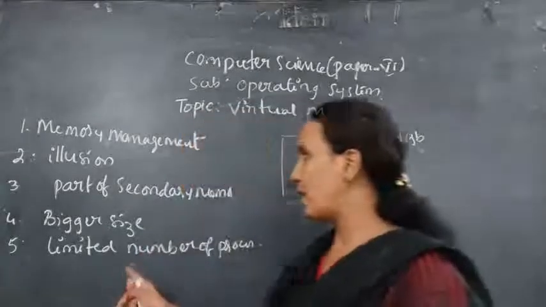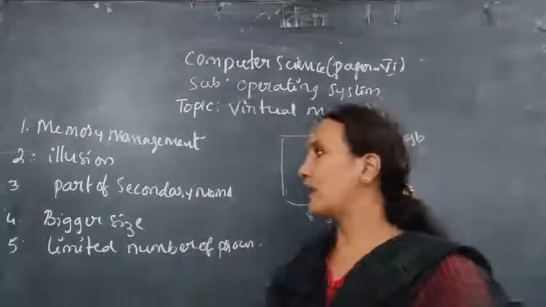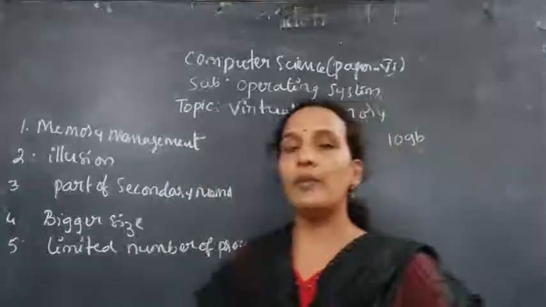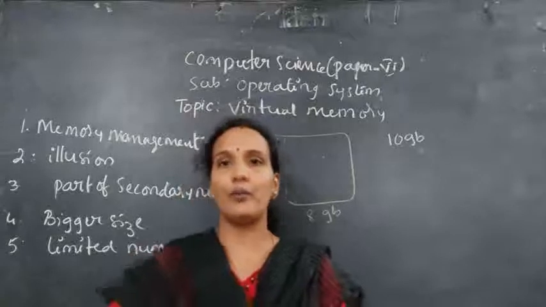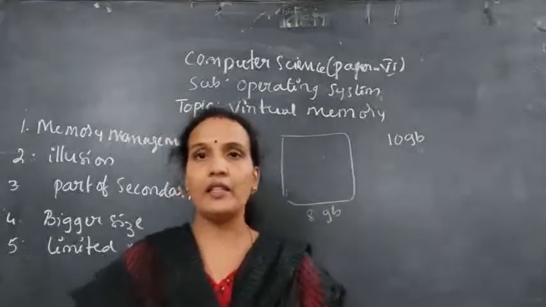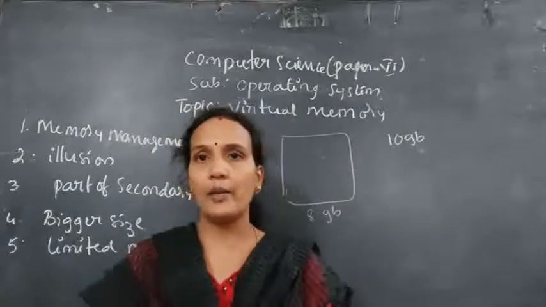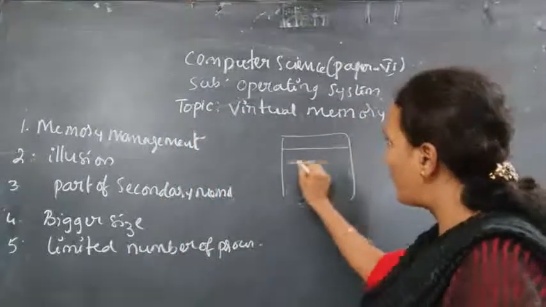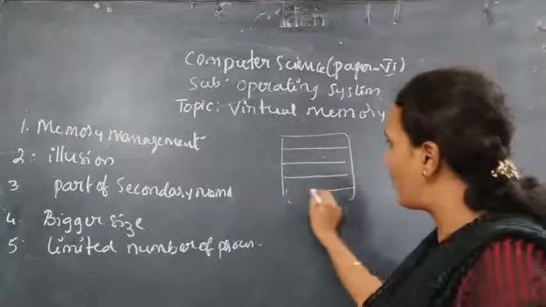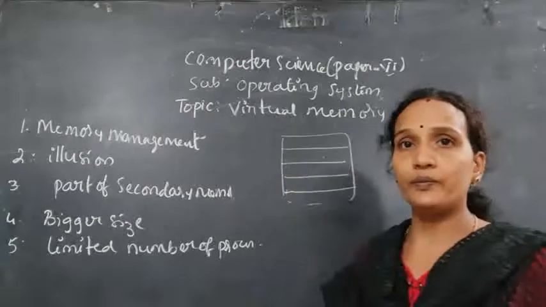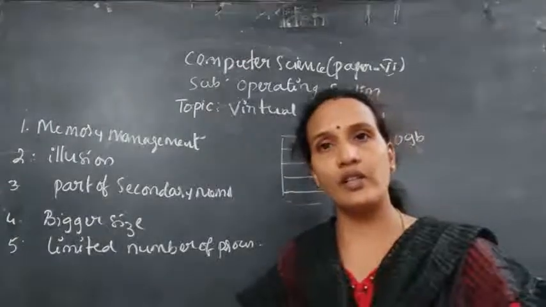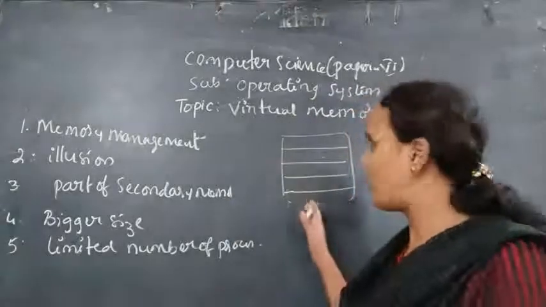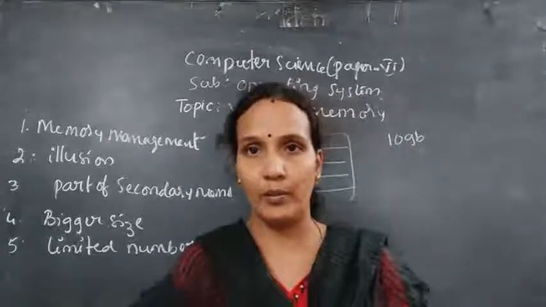Next, in virtual memory, only a limited portion of the process is loaded. In this case, the program uses a paging technique. For example, this is a user program. The user program is divided into a number of pages. Whenever the user wants to execute any program, all the pages of the program will not be loaded into the main memory.